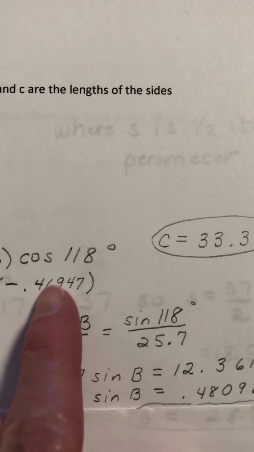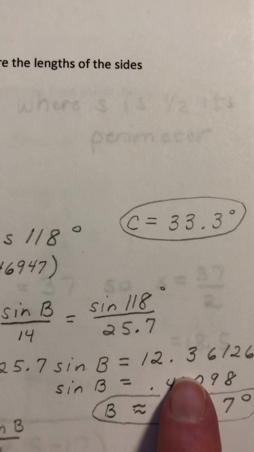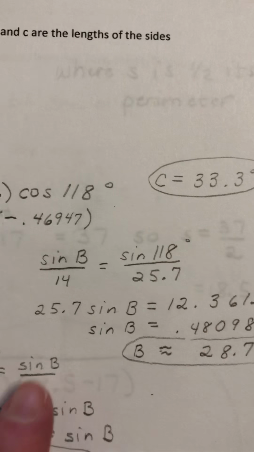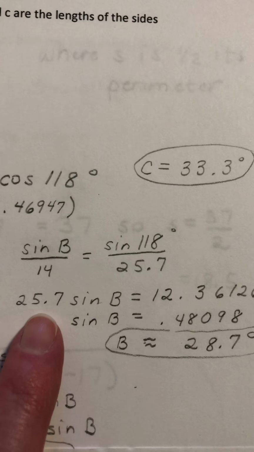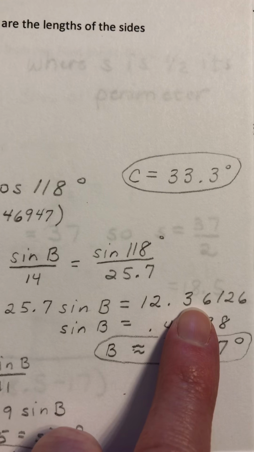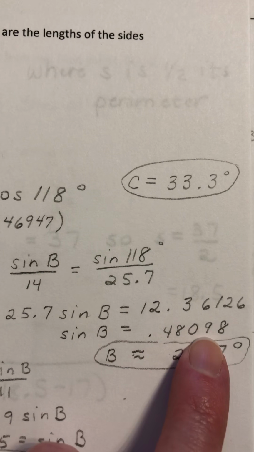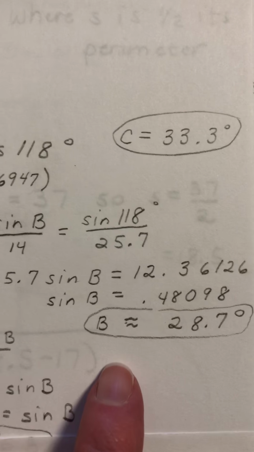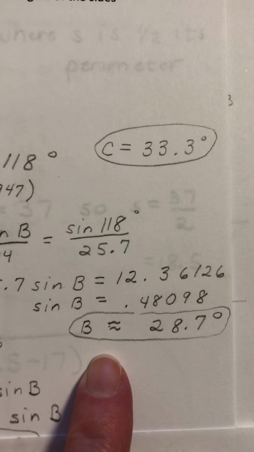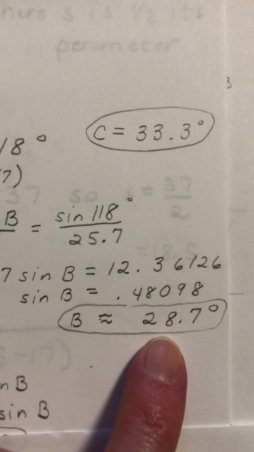Cross multiply, and so the sine of 118 degrees times 14 is this number right here. Then divide both sides of the equation by 25.7. Then we have that the sine of B is equal to this, and we're going to use inverse sine, which is where you press the second sine button, once again making sure you're in mode degrees, to get the angle.